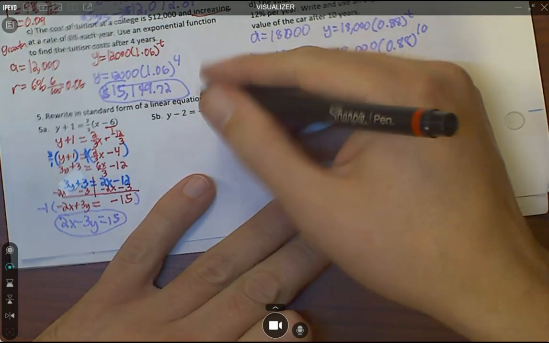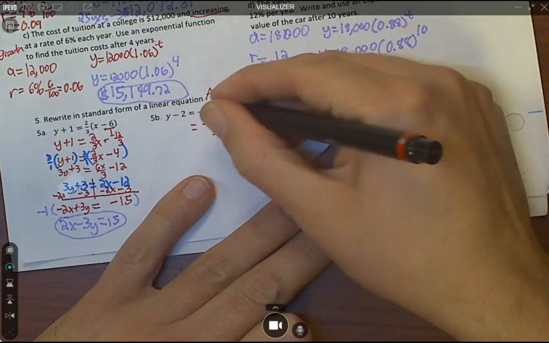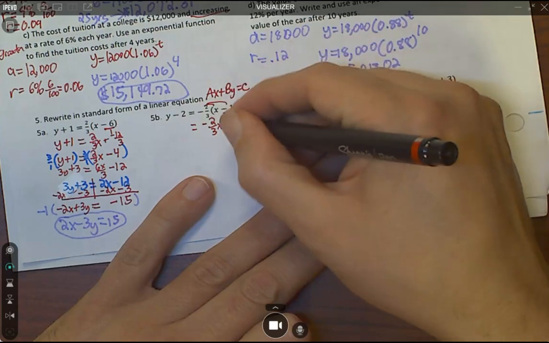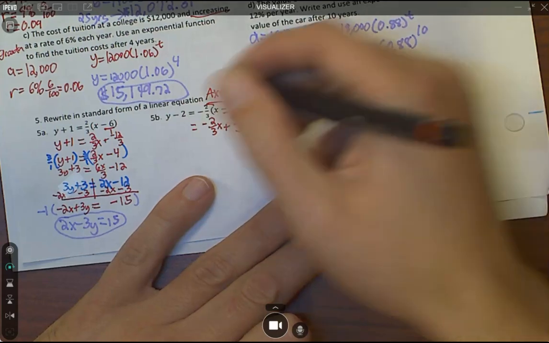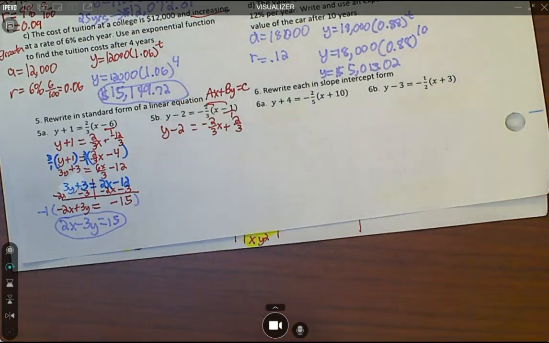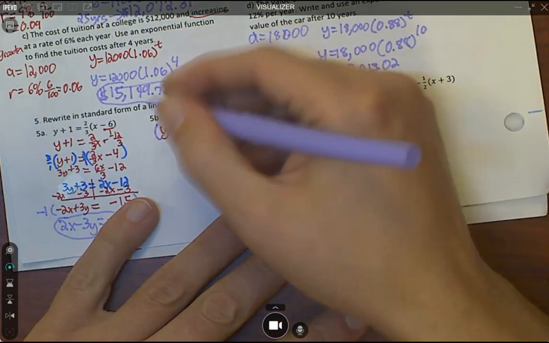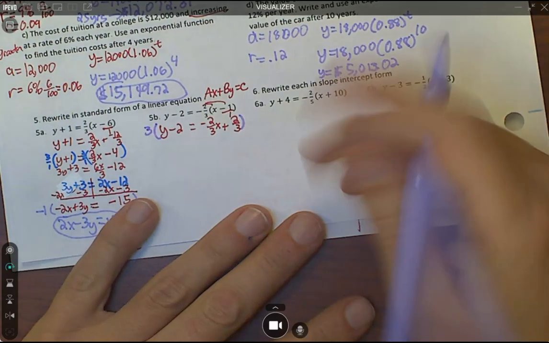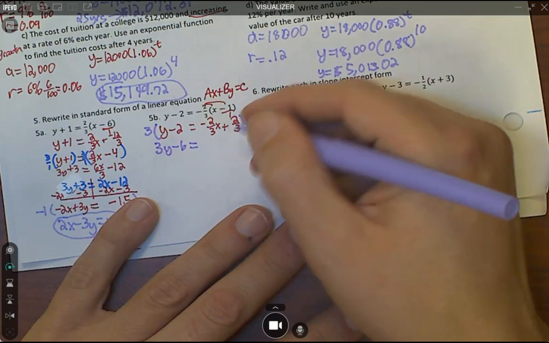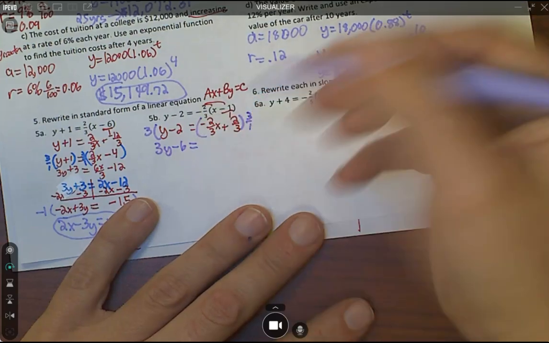Alright, this one's harder. You distribute that across. You get plus 2/3. Okay, you want to multiply everything by 3. I'll do it now. I'll show all my steps.